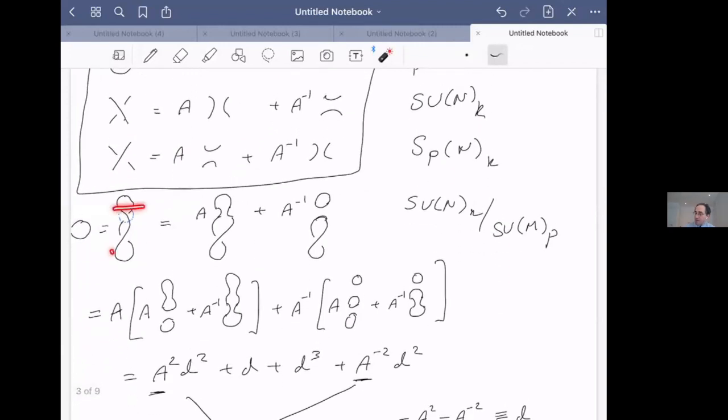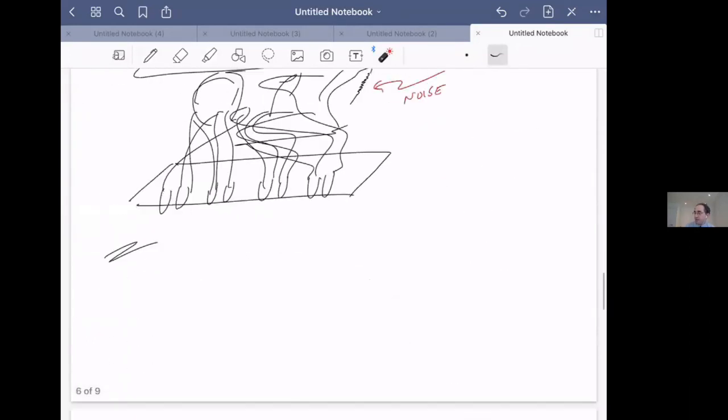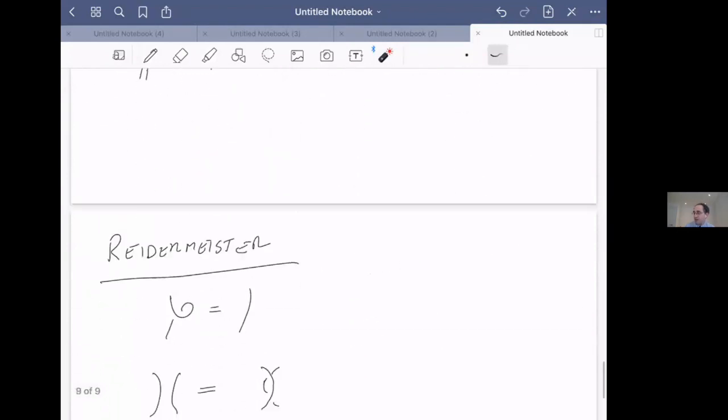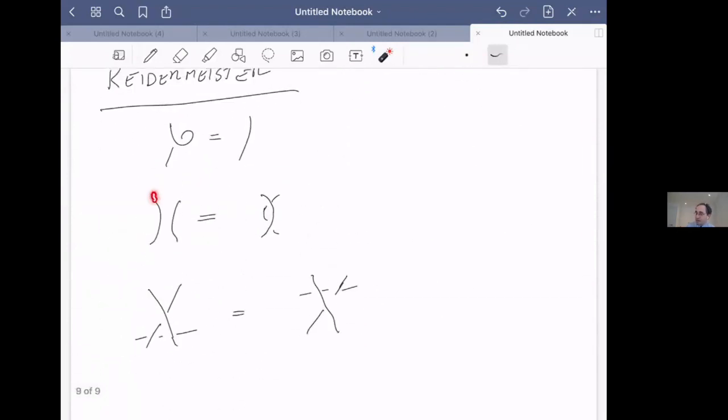We closed up the top and closed up the bottom, instead of just crossing two strands. We could have taken two strands that are not connected in the top and not connected in the bottom and shown that they are basically unchanged under the Reidemeister move, so that I could take this and close it up and get a circle, and take this and close it up and get that other thing that we drew.